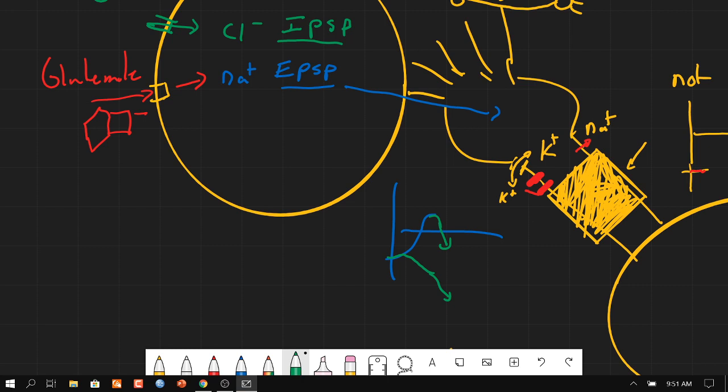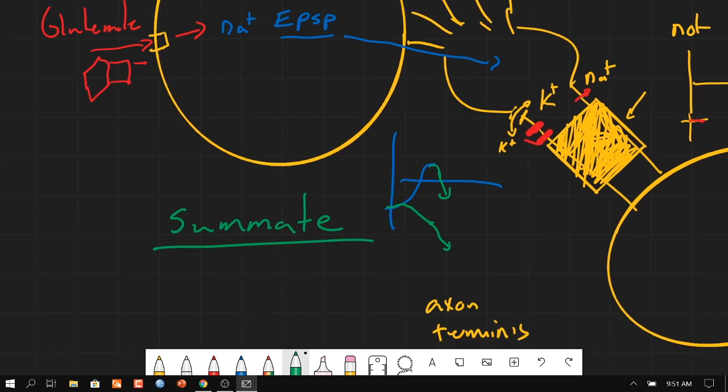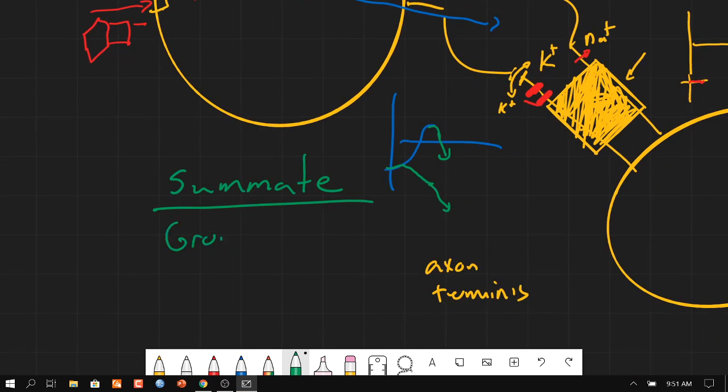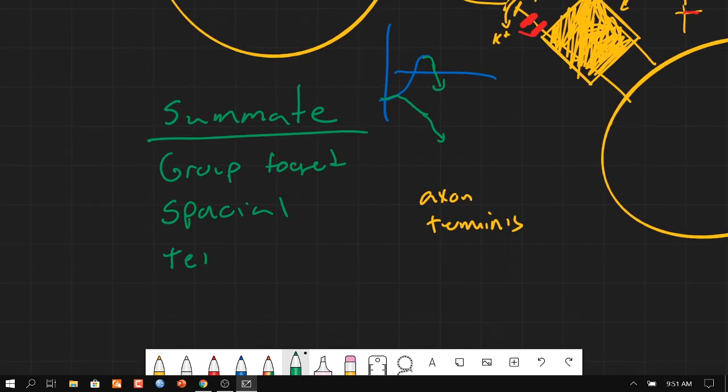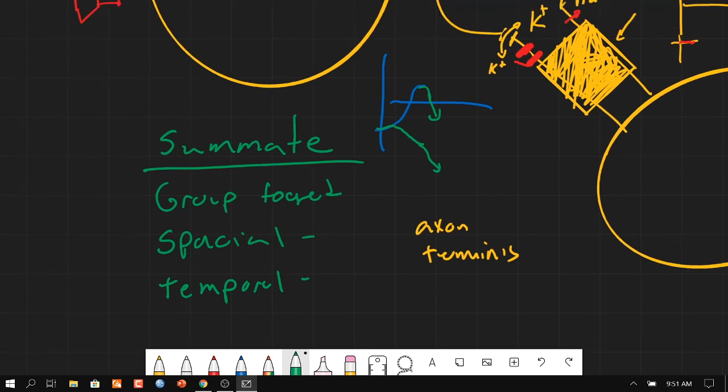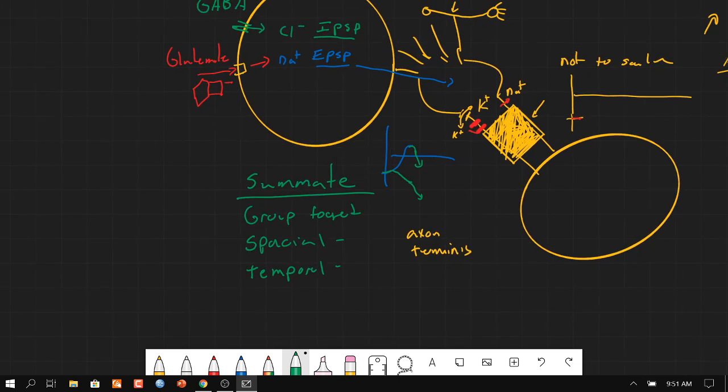what happens is that these things summate. What does the word summate mean? Yeah, they group. We can have spatial summation or temporal. So the answer to this is pretty simple.